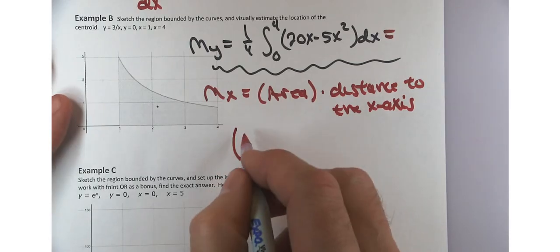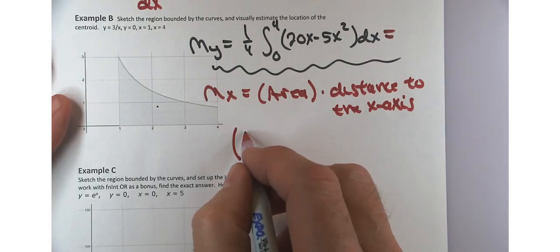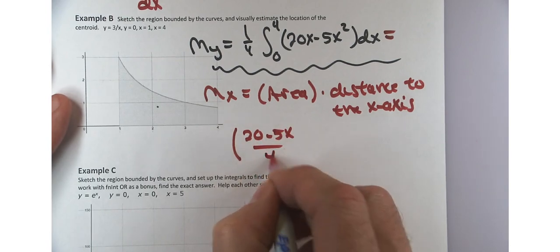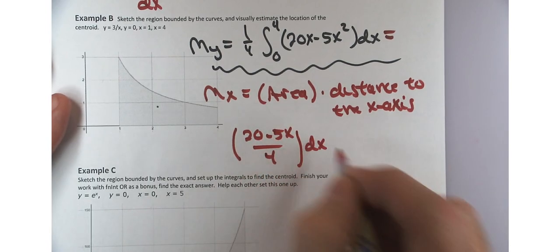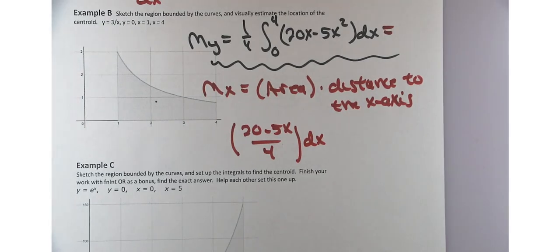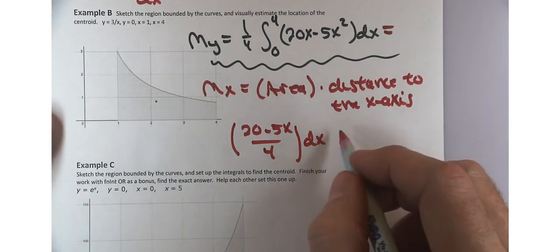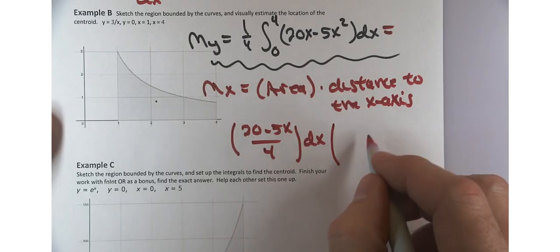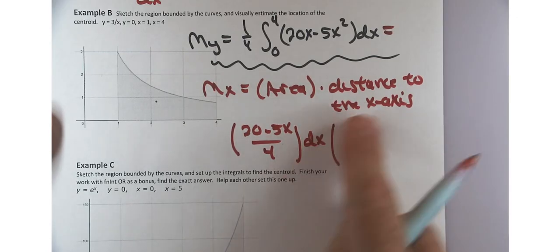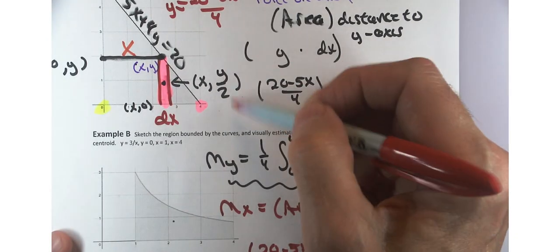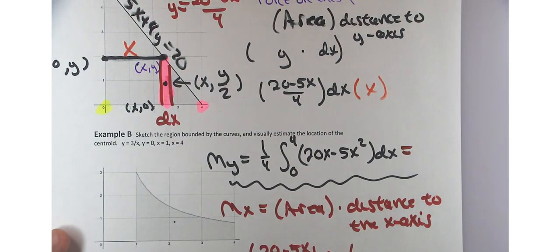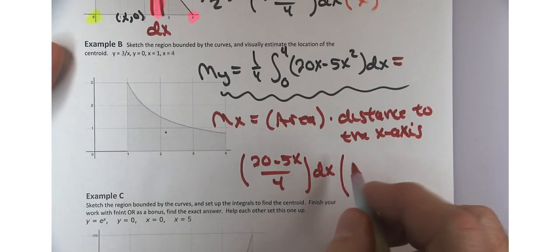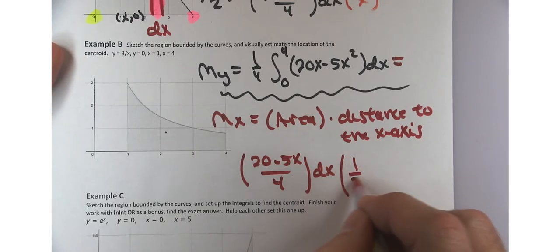So it's going to be 20 minus 5x over 4 times our dx, times the distance to the x-axis. So the distance to the x-axis is going to be y over 2, or 1/2 times y.